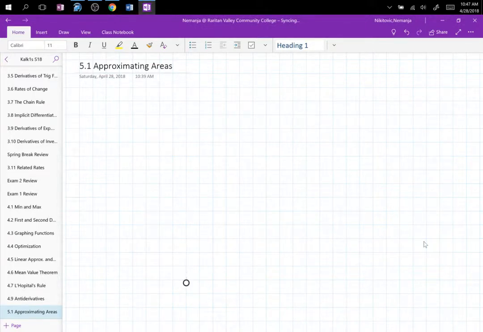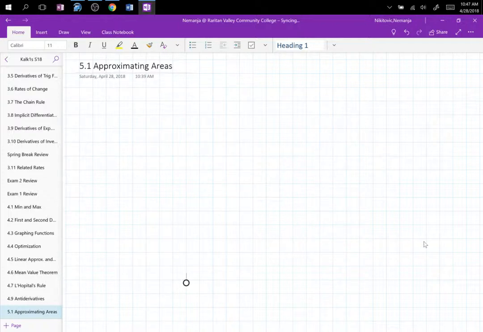We are starting chapter 5, which will focus on integration. So the first section is on approximating areas, and there will be no integrals here. This is actually something that will become the main application, the main focus of integration.